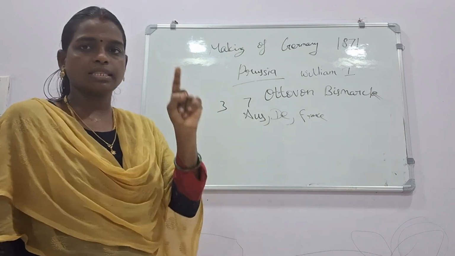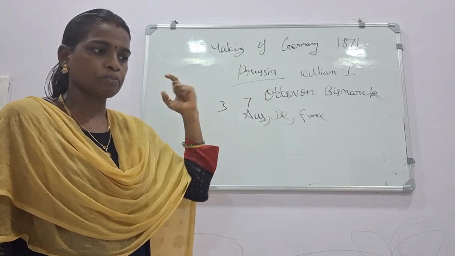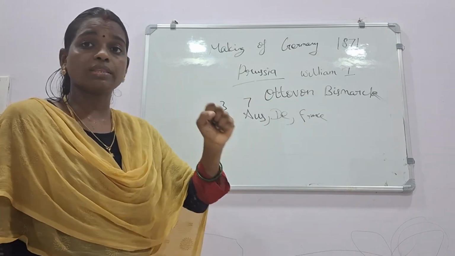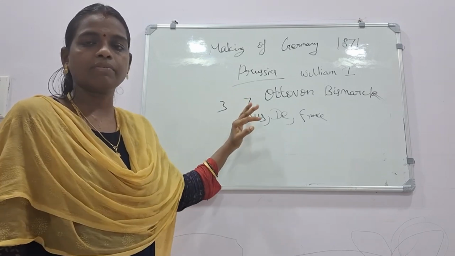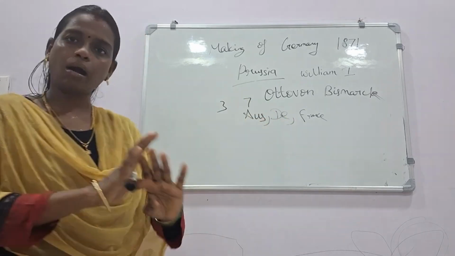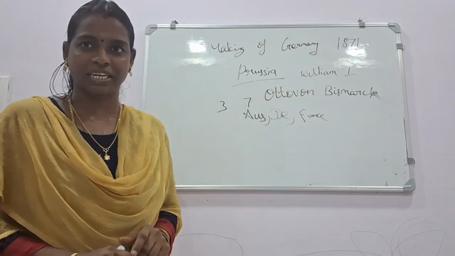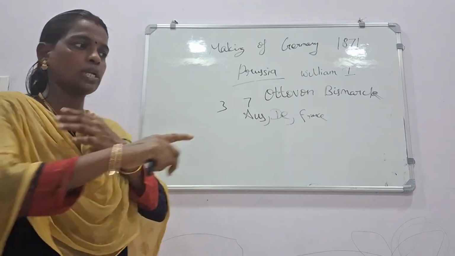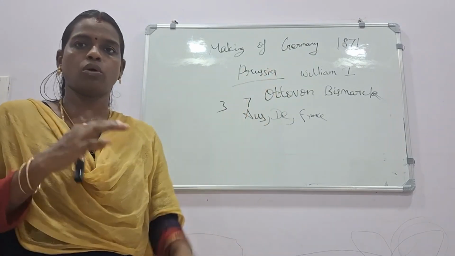One more time: for 7 years, this committee or group led a war with 3 countries: Austria, Denmark and even France. But all the wars were favorable to Prussia only. You understand me? The Prussian leader was William I, who led the wars with these 3 countries.